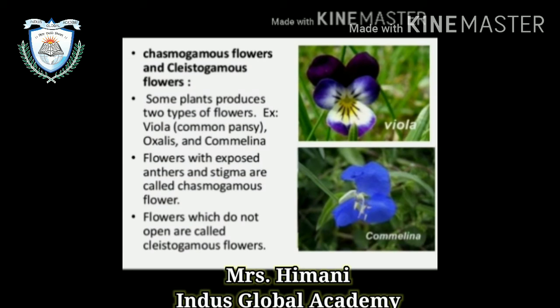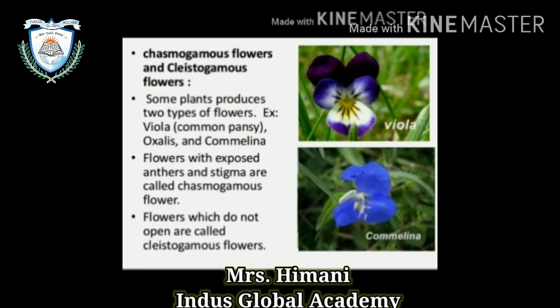Then chasmogamous flower and cleistogamous flower. Some plants produce 2 types of flowers, for example viola, oxalis and commelina.